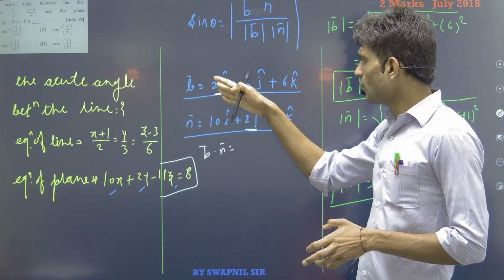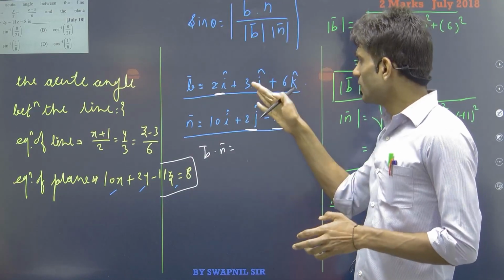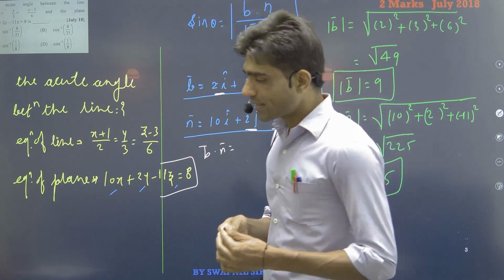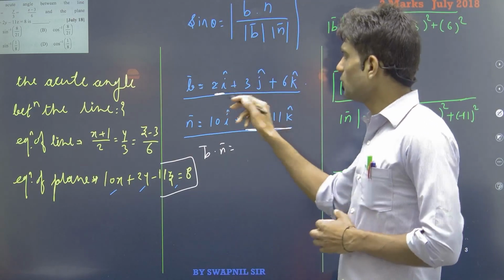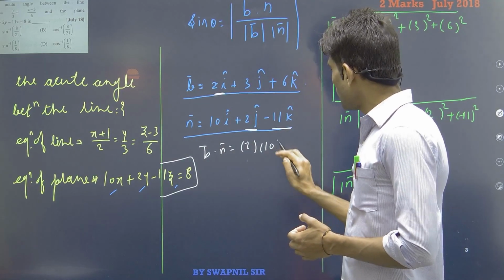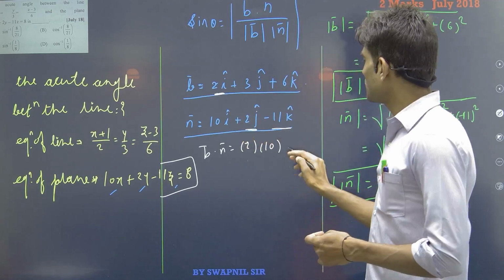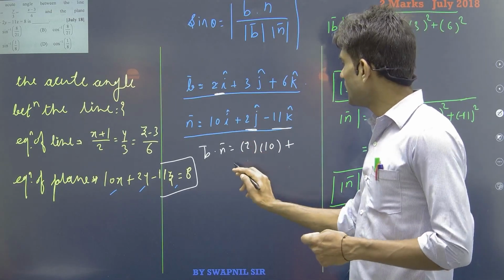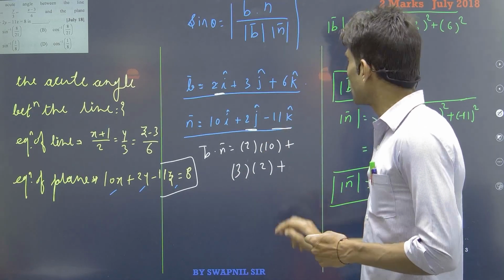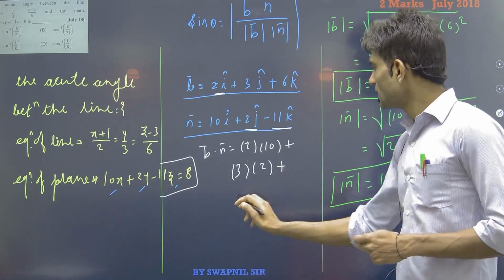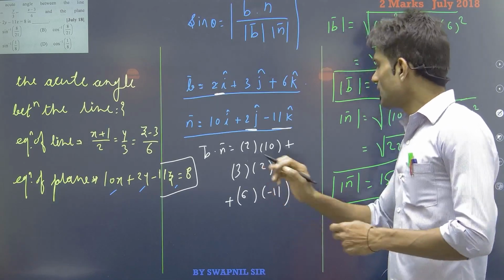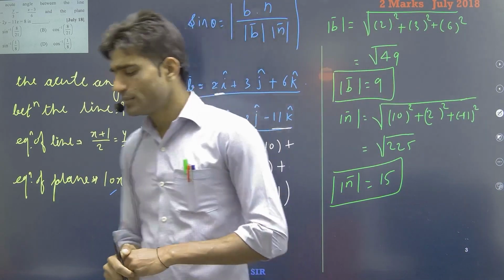So easy part here: we multiply 2i into 10i, plus 3j into 2j, plus 6k into minus 11k. We multiply their coefficients: 2 multiplied by 10, the coefficient of i cap; 3 multiplied by 2, the coefficient of j cap; and plus 6 multiplied by minus 11 for k cap.